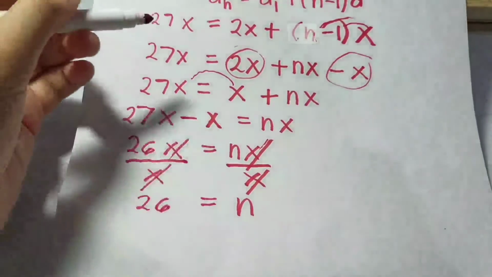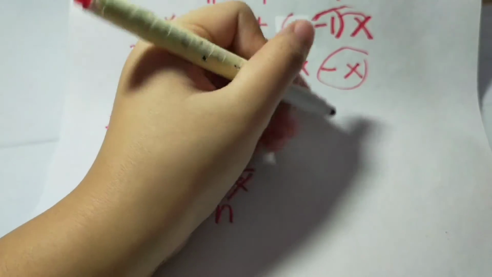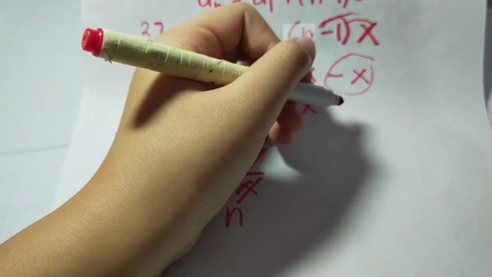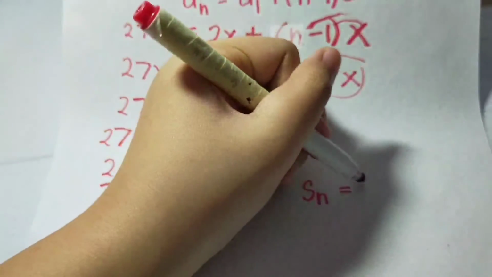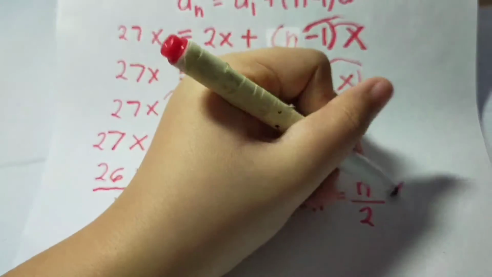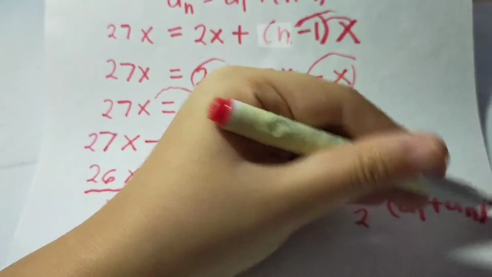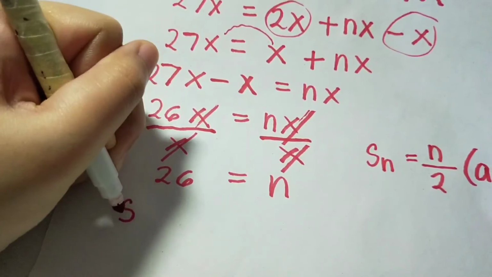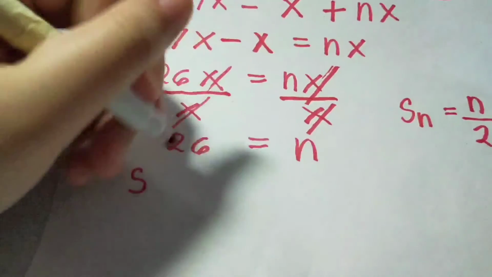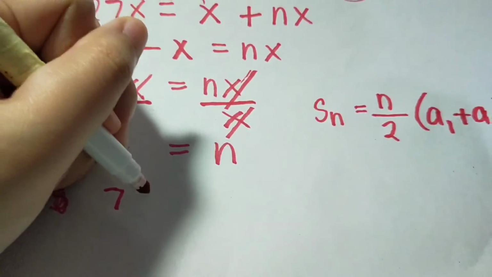Ngayon, dahil alam na natin yung value ng n, ay pwede natin gamitin yung arithmetic series formula, yung first formula, which is s sub n is equals to n over 2 times the quantity of a sub 1 plus a sub n. So yung s sub n natin ay 754.